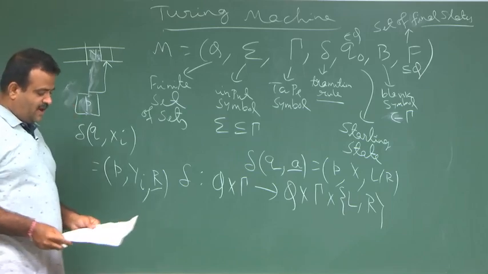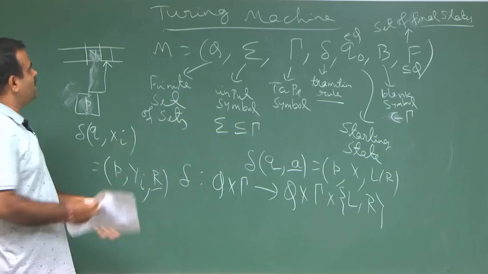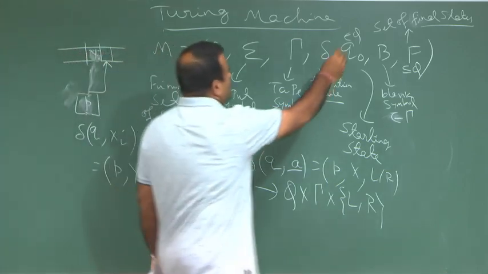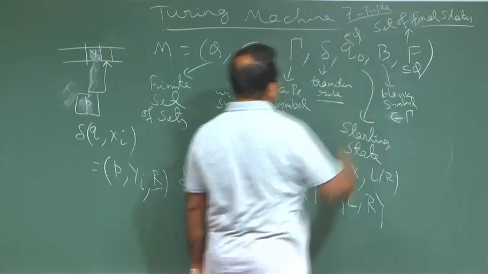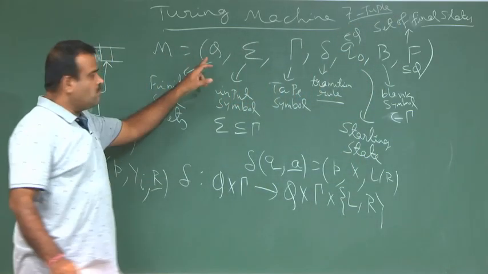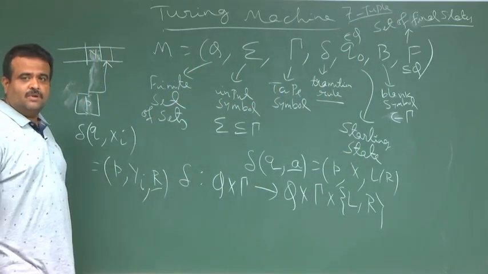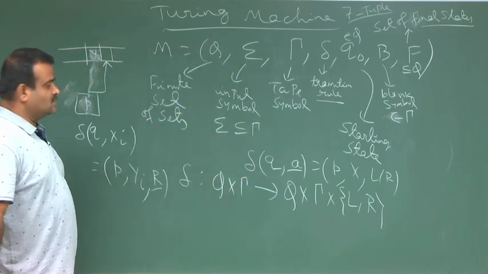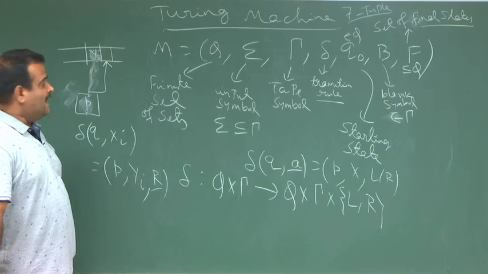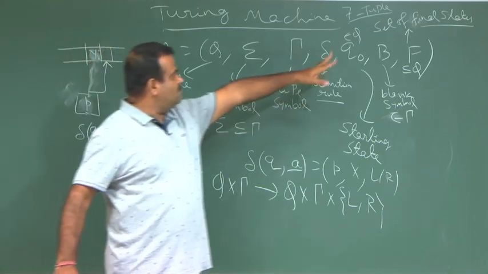We will formally define this, but this is the way we define it: it is a 7-tuple. Q is the set of all finite number of states. Sigma is the input symbols, which is a subset of the tape symbols, and the tape symbols also include the blank symbol.